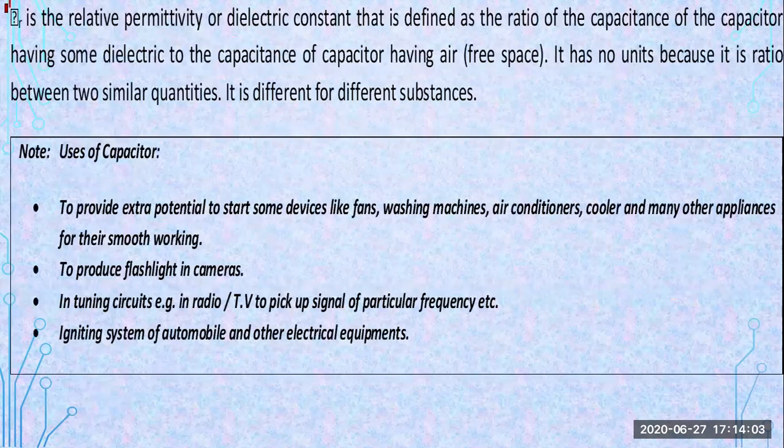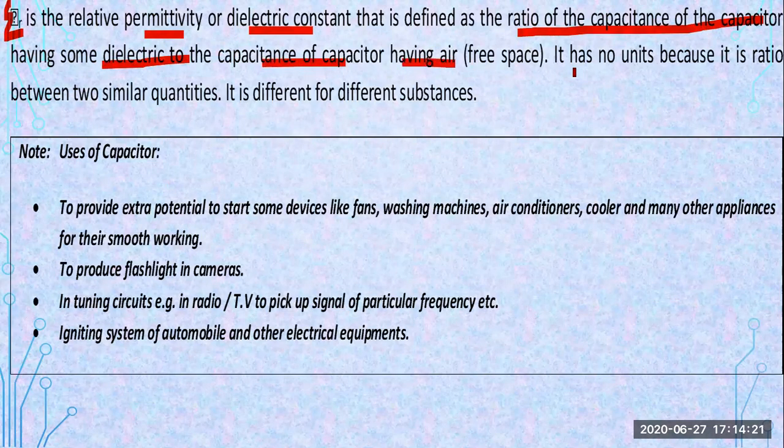Epsilon r is the relative permittivity or dielectric constant, defined as the ratio of the capacitance of the capacitor having some dielectric to the capacitance of the capacitor having air. It has no unit because it's the ratio of two similar quantities, and it's different for different substances.